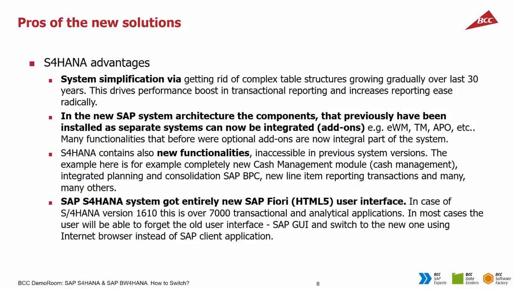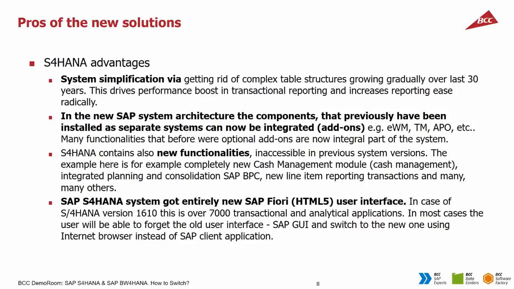And all the tables needed to be updated when a new document, for example, was being posted. So simplifying these table structures influences the system in many ways, but of course it drives the performance. So everything is quicker, both transactional processing and reporting.